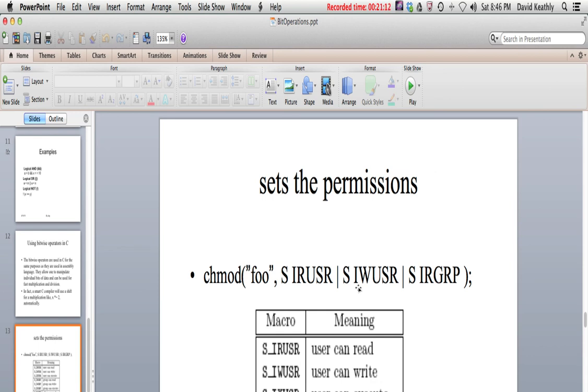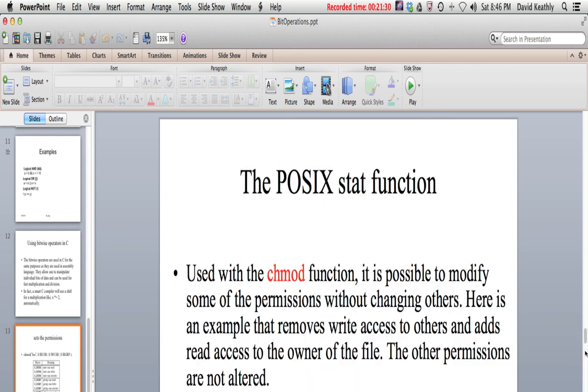So this is like a 640. I'm not giving any privileges to the others, or the world, if you will. So we can use these to create that set of bits, settings for the permissions, instead of doing it in octal, as I did on the notes page.